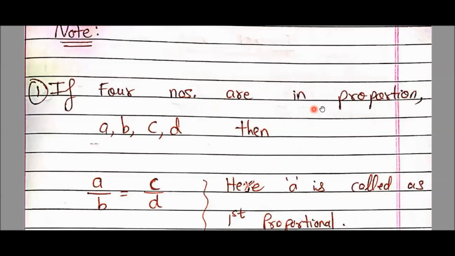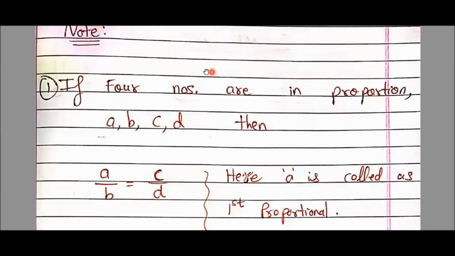If 4 numbers are in proportion, students, if you understand this note once again, then the chapter will become very simple. I'll be a little bit fast in this. Understand the note carefully. If 4 numbers are in proportion, let us take an example of the 4 numbers: A, B, C, D. It's given to us that 4 numbers are in proportion.